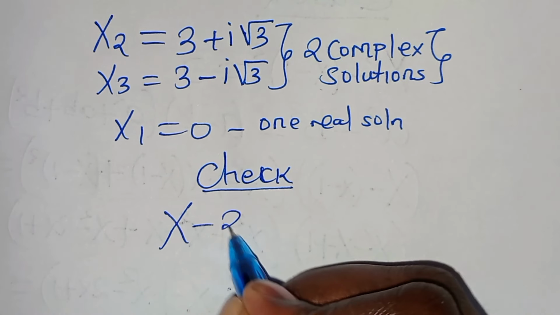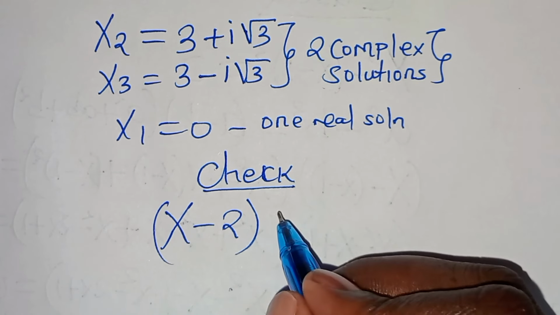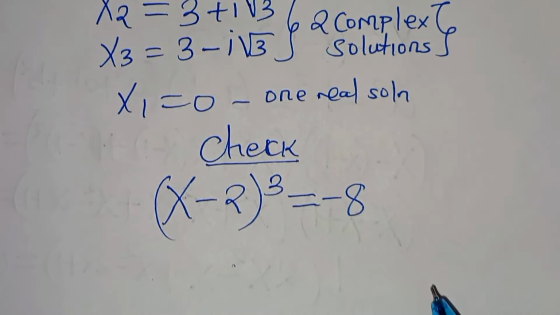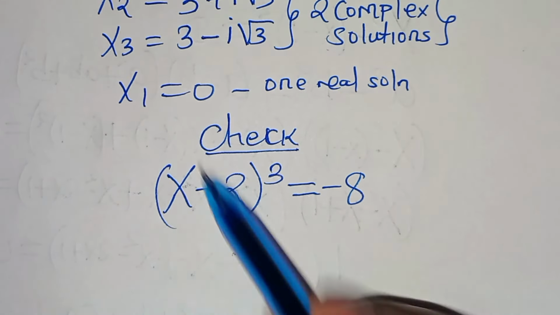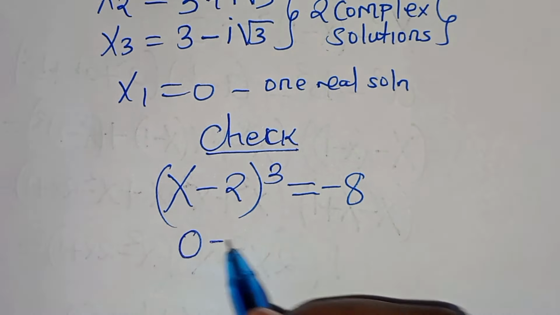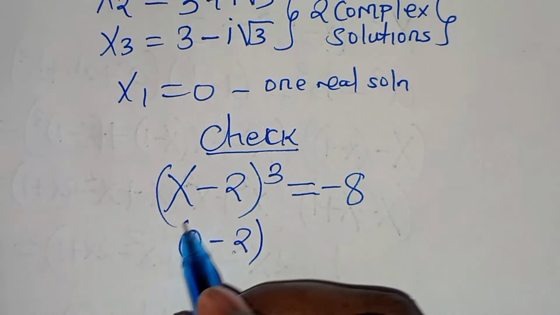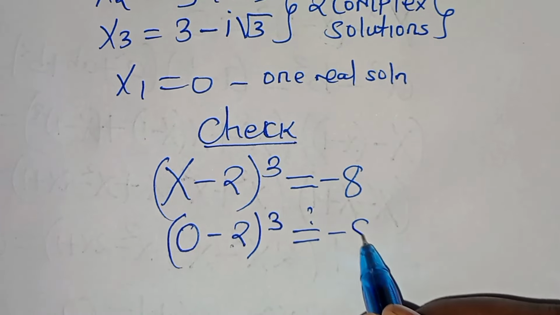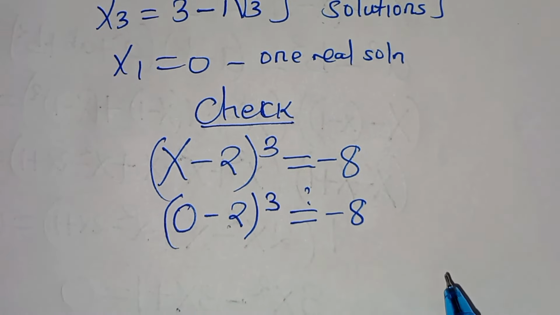We have (x - 2)^3, which is supposed to give us a value of -8. So substituting x equal to 0, we have (0 - 2)^3, which is supposed to give us a value of -8.